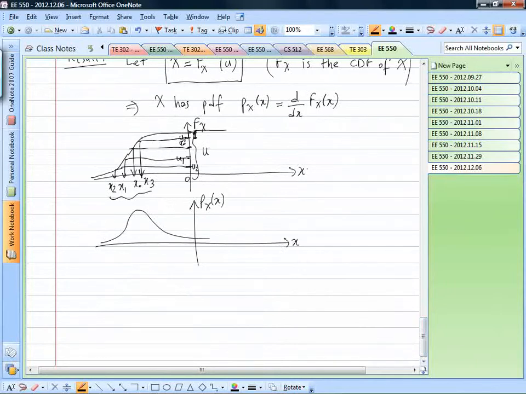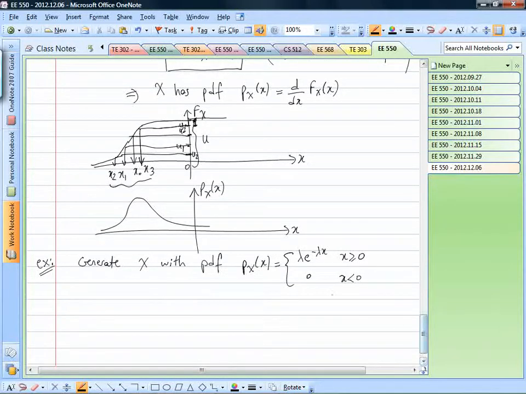Alright, so let's see how we can generate, for example, an exponential random variable. Generate x with a PDF p sub x of x equal to lambda e to the minus lambda x, and 0 for x negative. This is the exponential random variable. Now how to generate it?